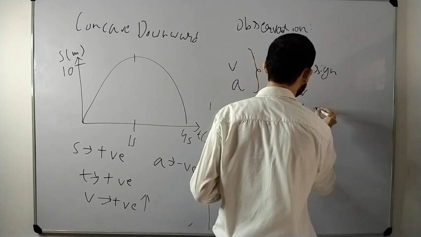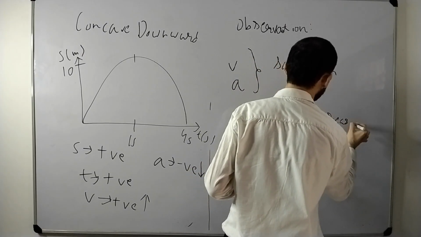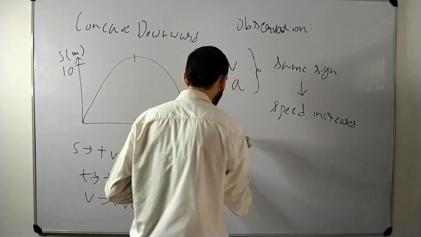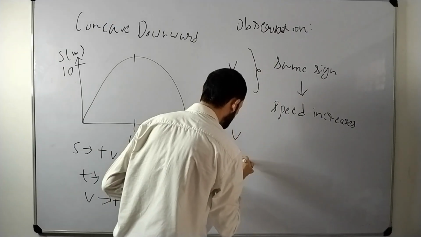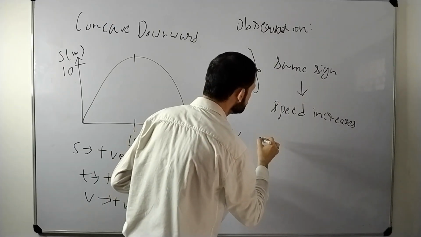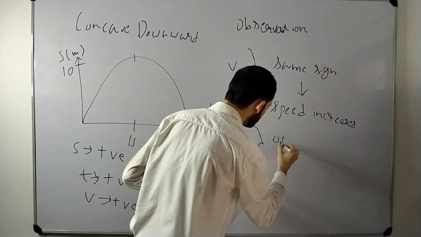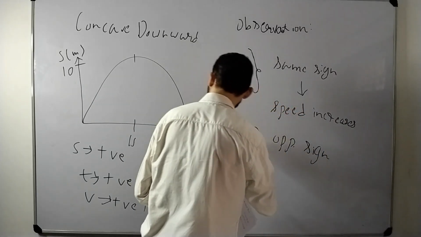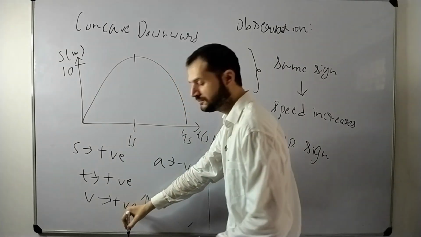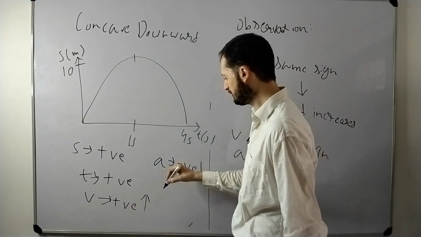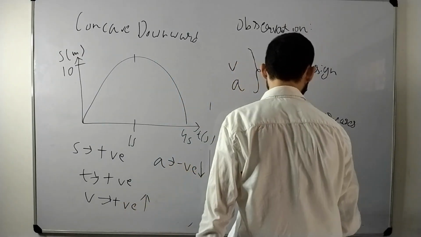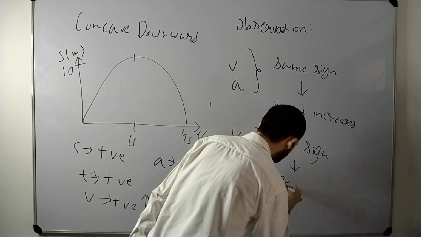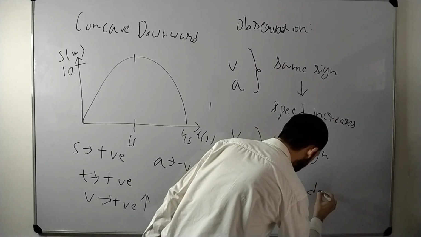Right, students? So speed increases, and V and A, opposite sign. In this case, velocity is positive, students, and acceleration is negative. So what should I write? Speed decreases. In general, speed is decreasing.